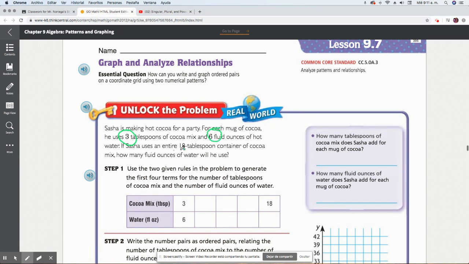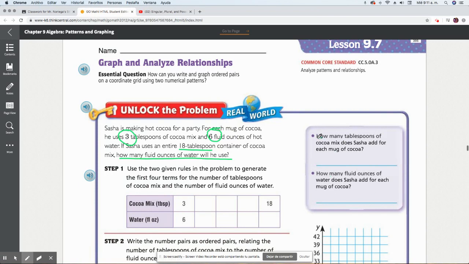If Sasha uses an entire 18 tablespoon container of cocoa mix, how many fluid ounces of water will he use? So that means he's going to use the entire cocoa mix. How many ounces of water does he need to be able to use everything? Okay, so let's go ahead and take a look inside this purple box and answer the questions.